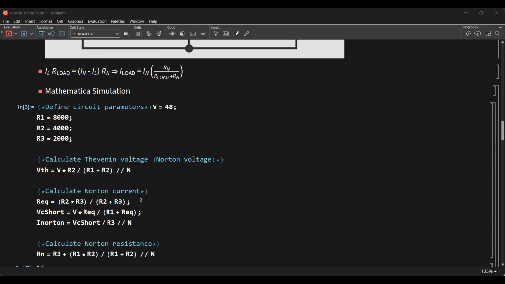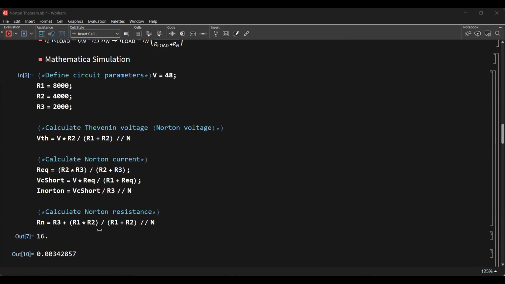The source voltage here is equal to 48 volts, and the Norton current is DC short over R3. To calculate the Norton resistance, it is R3 plus R1 times R2 over the sum of R1 and R2, so R1 is parallel to R2.